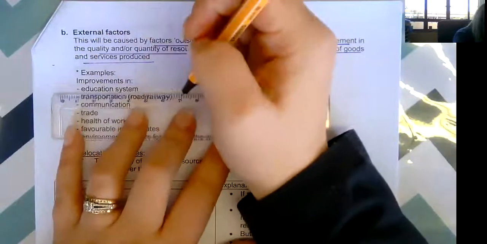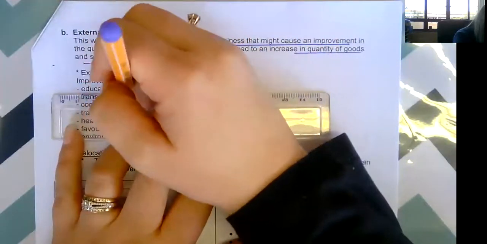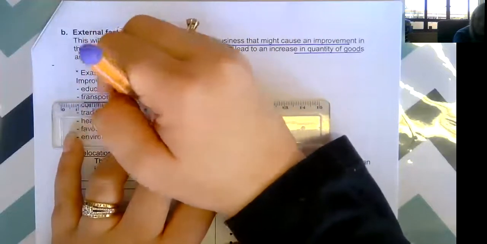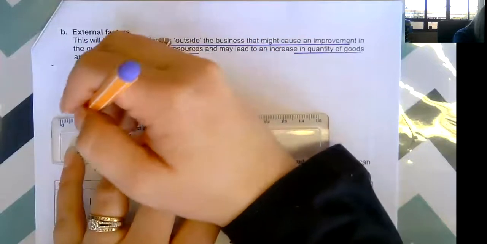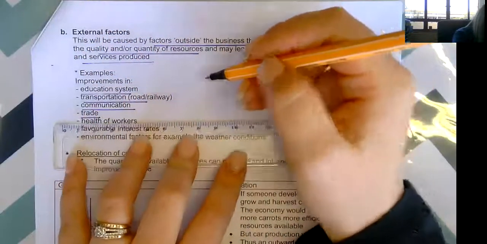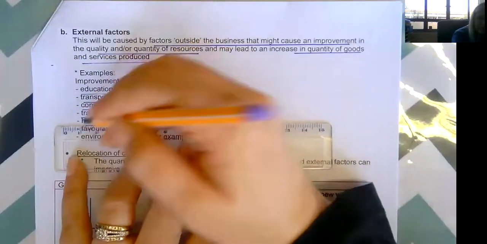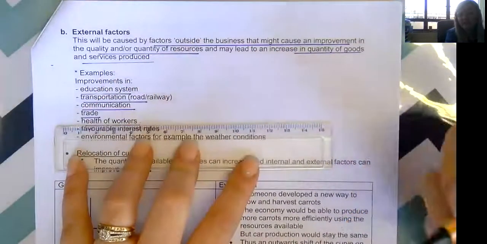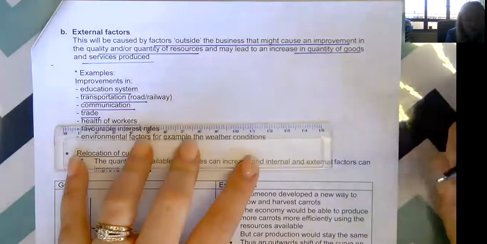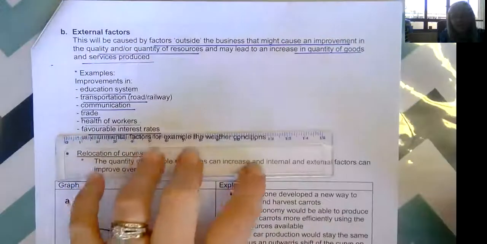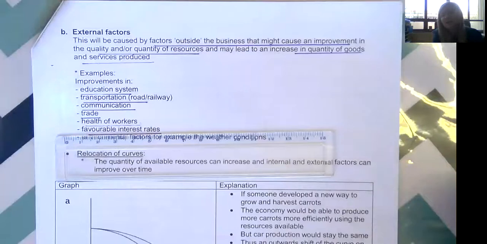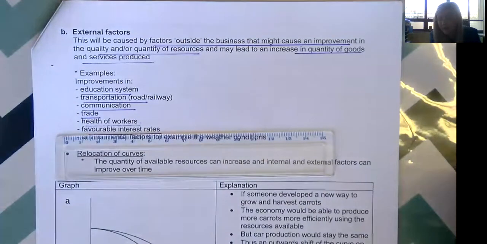So it can be improvements in the education system, the transport can be better and faster, the communication can be done faster, the trade between the different products can be done faster, the health of the workers, your workers are healthy, they're not sick all the time, so they're at work, you can produce more, favorable interest rates. So all of a sudden, like during lockdown, people were given an extension on paying SARS.